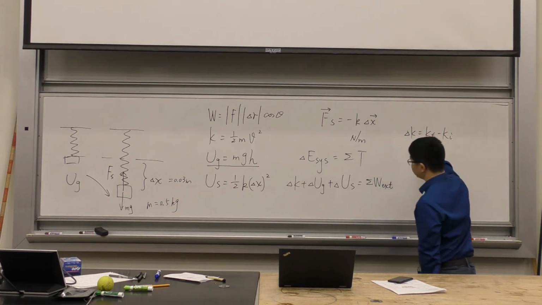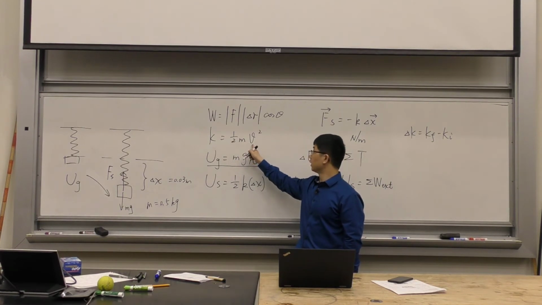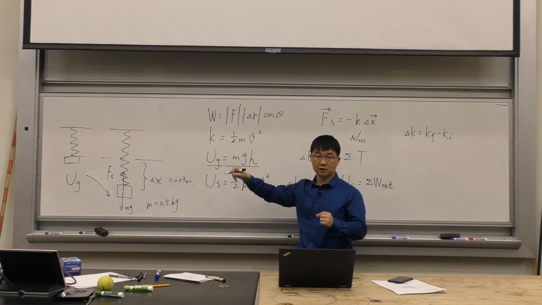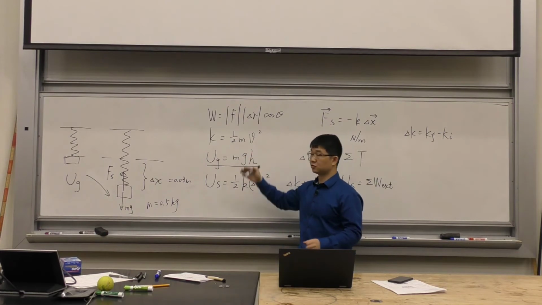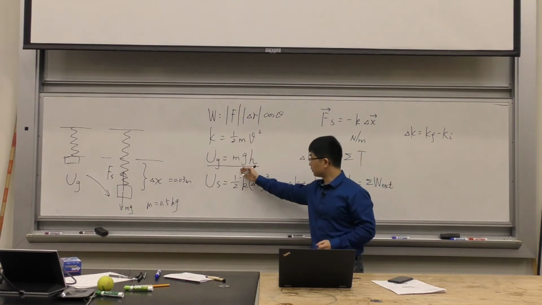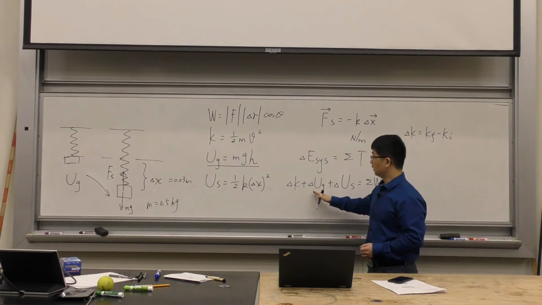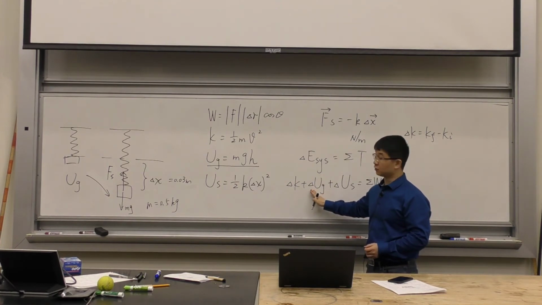And then how do I calculate the final kinetic energy? I'm just going to use this definition. The only thing I need to change is going to be the final velocity and the initial velocity. The mass of an object is not going to change. And then you do the same thing for the gravitational potential energy, right? So you do final gravitational potential energy minus the initial gravitational potential energy.